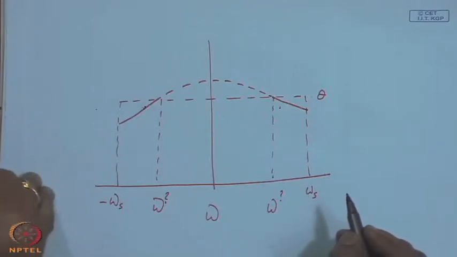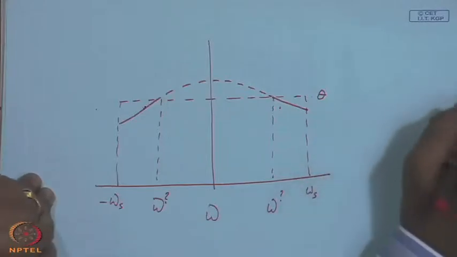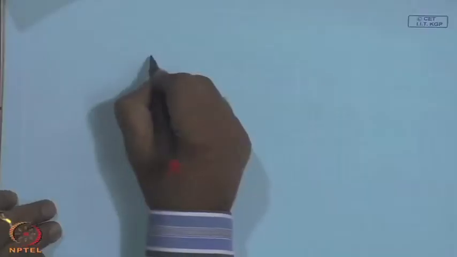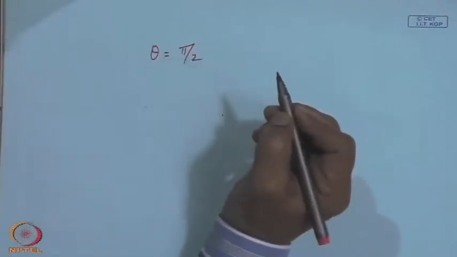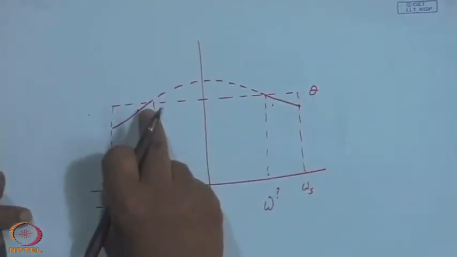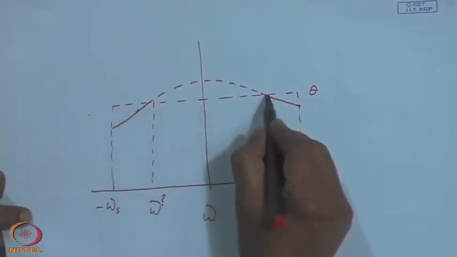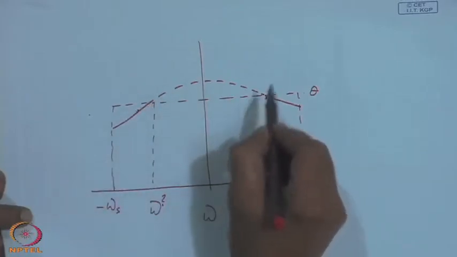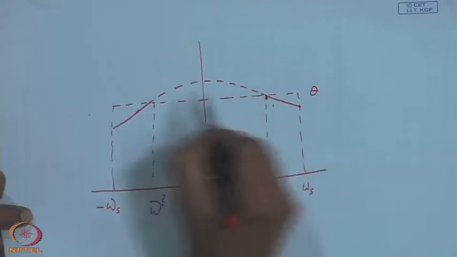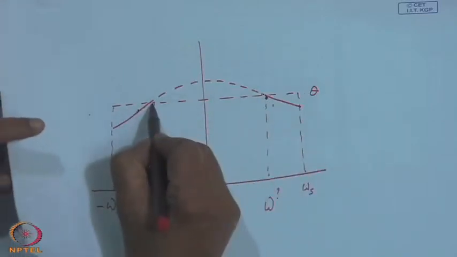Now, we will ask a question. How do I define the so called sunrise and sunset? Okay. One thing is my theta is equal to pi by 2, right. So, if I look at it, theta is equal to pi by 2, theta equal to pi by 2. So, I can call this is sunrise, this is sunset, or you may call this to be sunrise and this to be sunset.